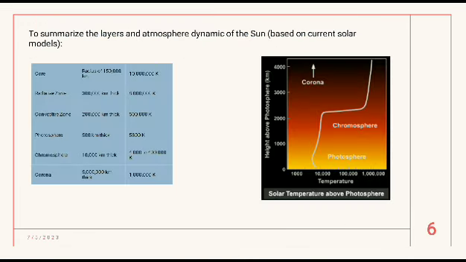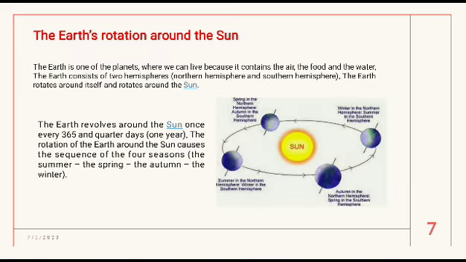To summarize, these are the layers of the atmospheric dynamics of the sun based on current solar models. How the Earth rotates around the sun. The Earth is one of the planets where life is possible because it contains air, water, and food.